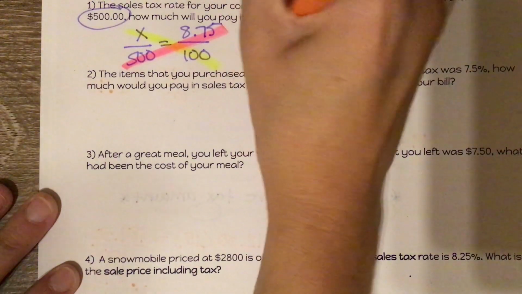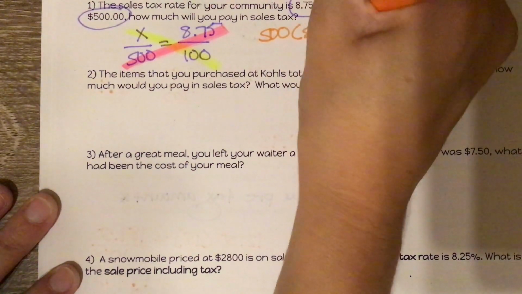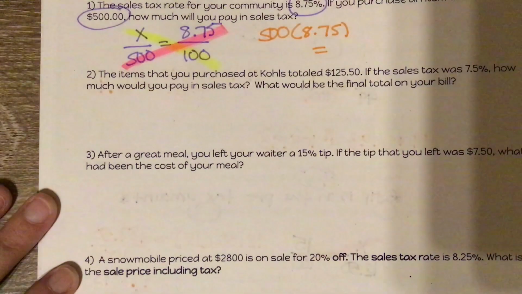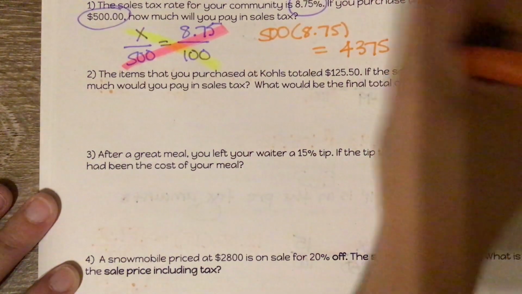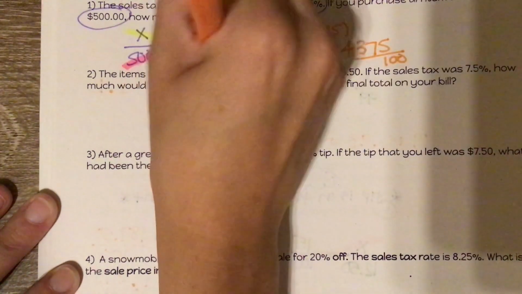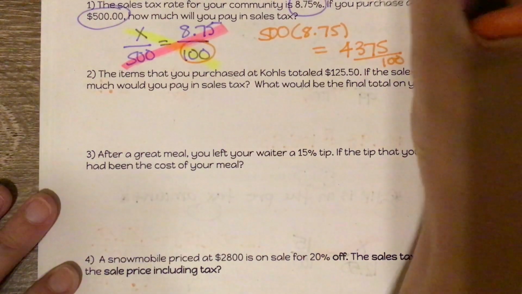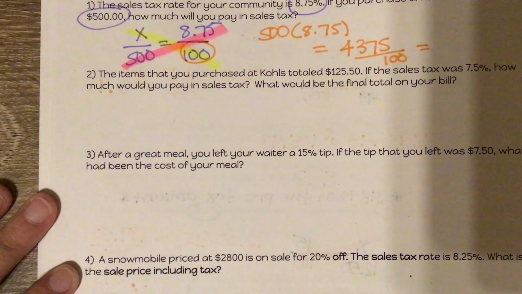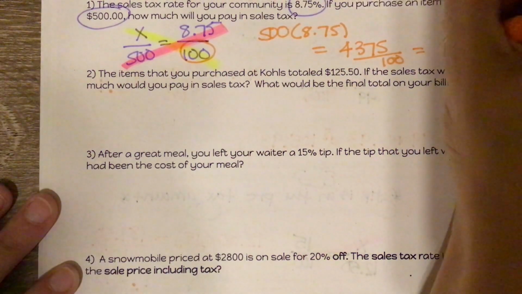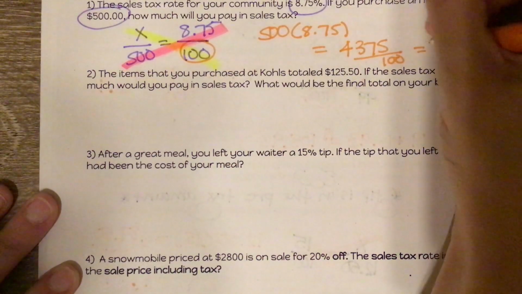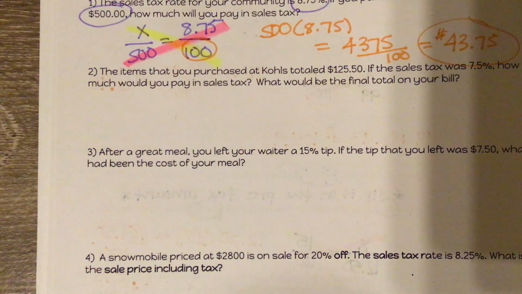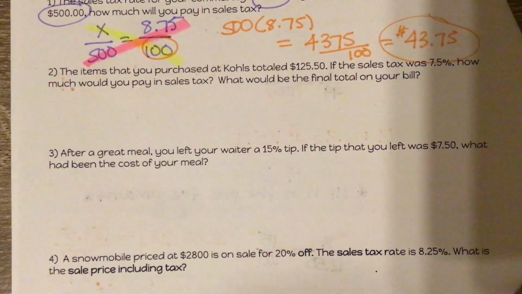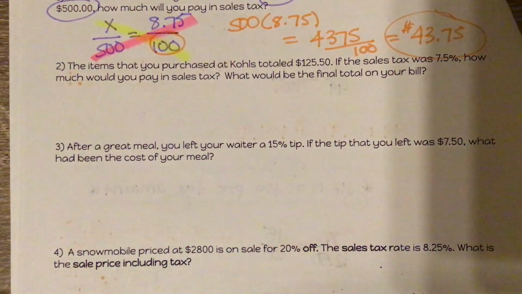So 500 times 8.75 equals 4,375 divided by the number in the same diagonal as the variable equals 4.375. Since this was just asking us what would you pay in sales tax, we can leave it as that amount. We don't have to add it to the original.